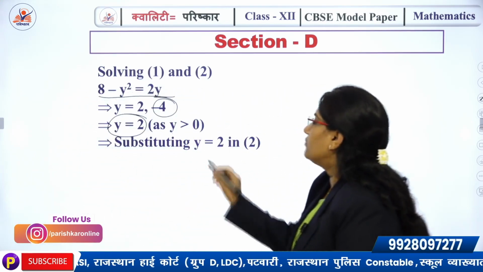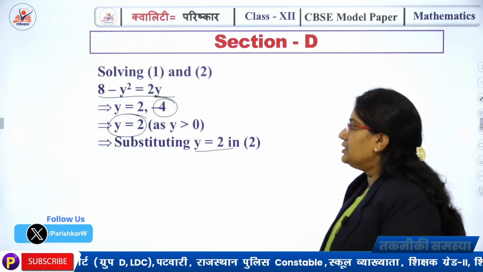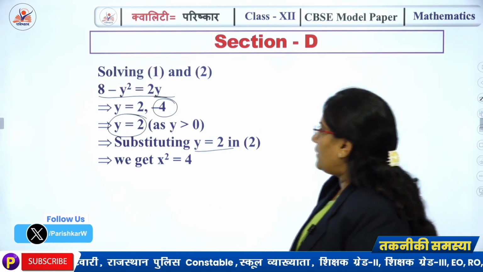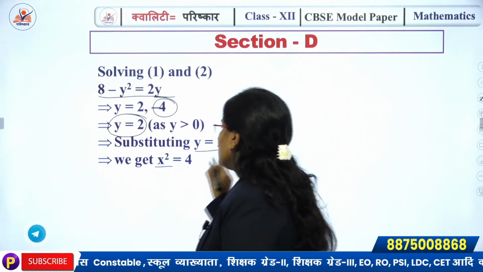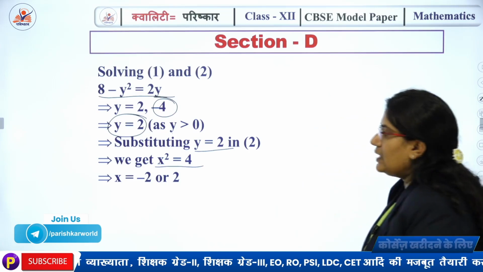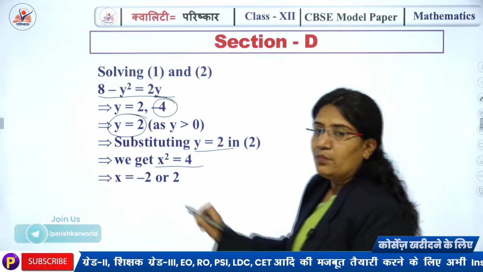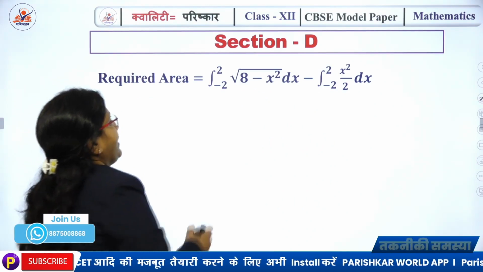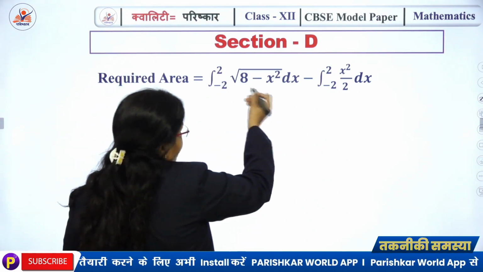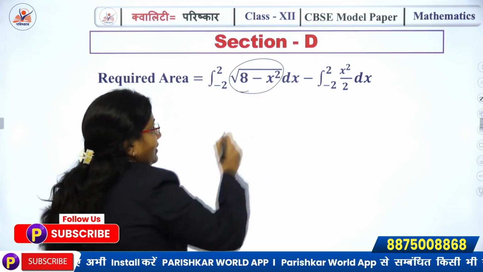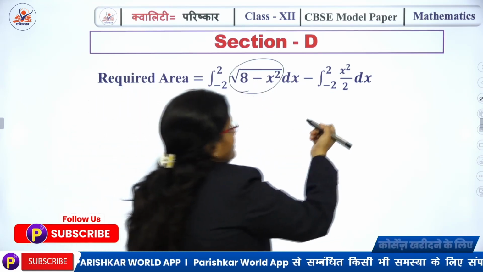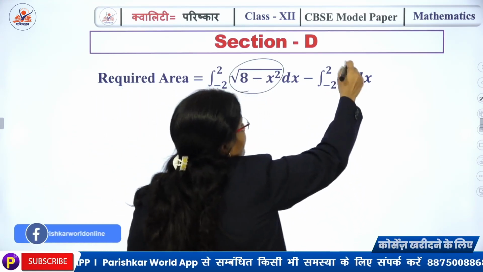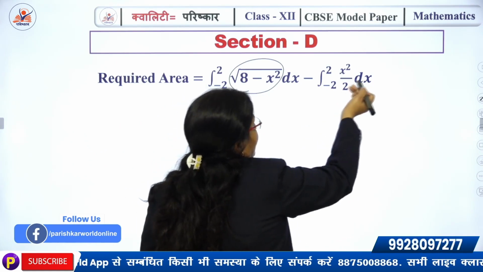Substituting the value y equal to 2 in equation number 2, we have x square equal to 4. That means the value of x is minus 2 and 2. Then the required area is given by the integration of the first figure, that is the circle, y dx, minus the integration of the second figure, the parabola, y dx.